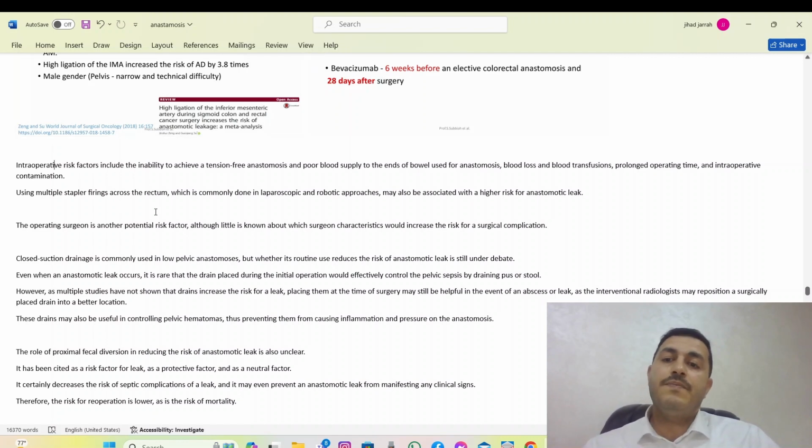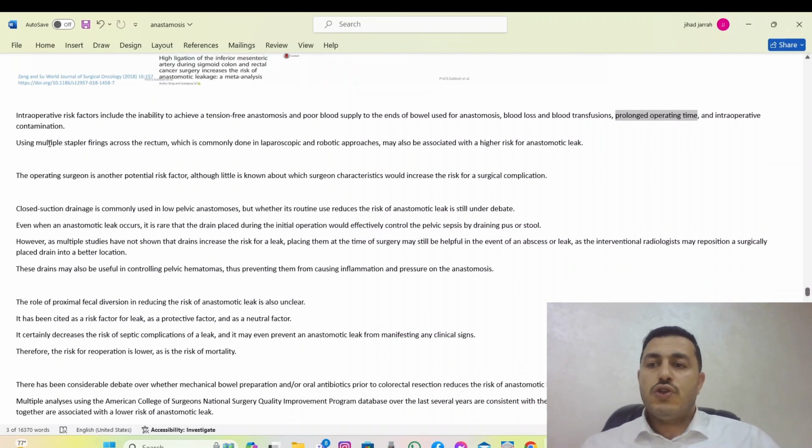Intraoperative risk factors of these: inability to achieve a tension-free anastomosis, poor blood supply, blood loss and blood transfusion, prolonged surgery, intraoperative contamination, and usage of multiple stapler firings across the rectum.